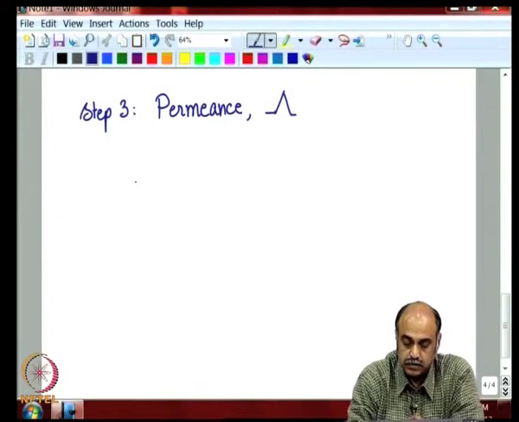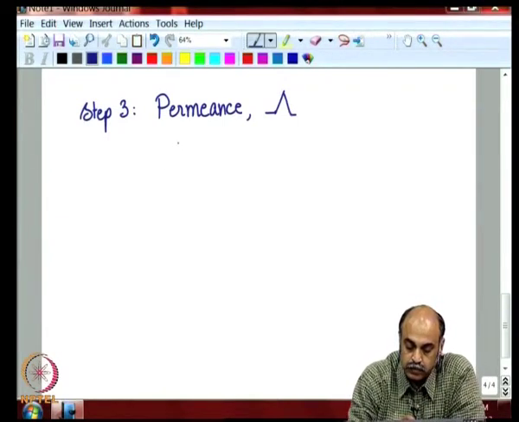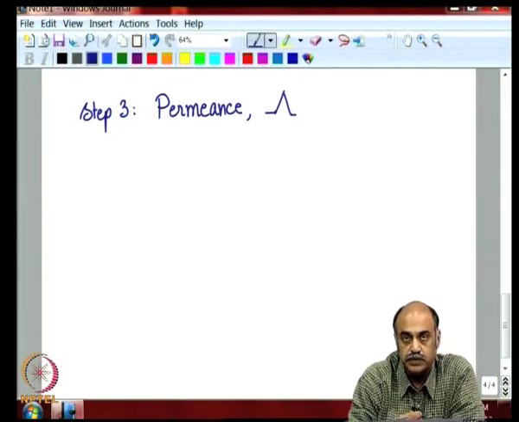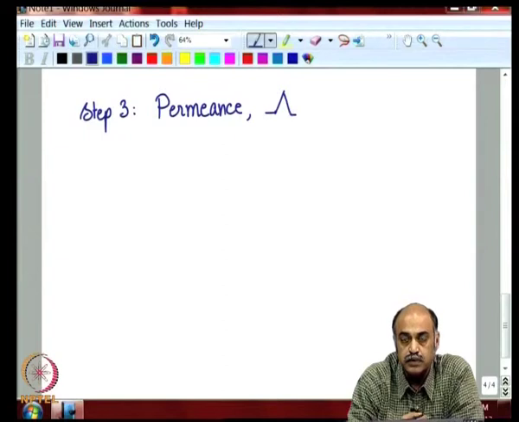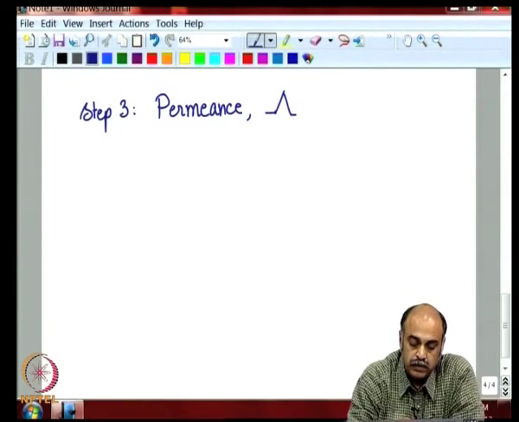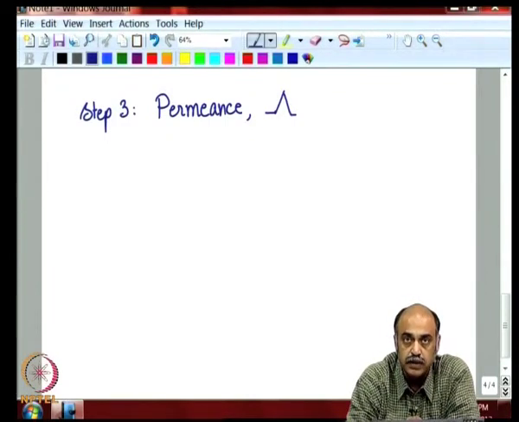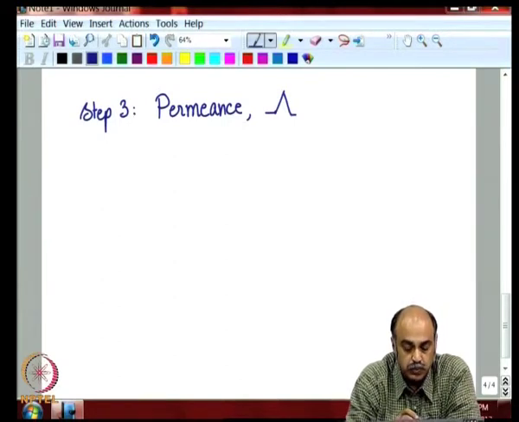Now, the permeance. Sometimes the inductances are manufactured with the air gaps distributed throughout the core uniformly, and these have much lower relative permeability than the transformer cores, which have very high permeability and permeance, and there is no need for energy storage.